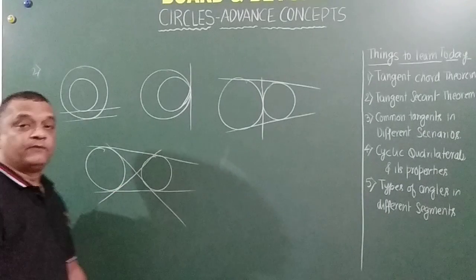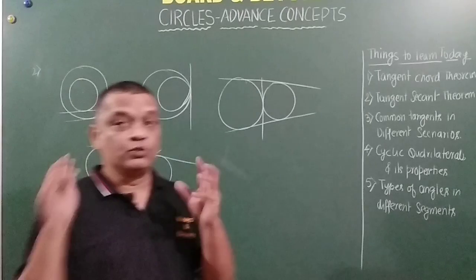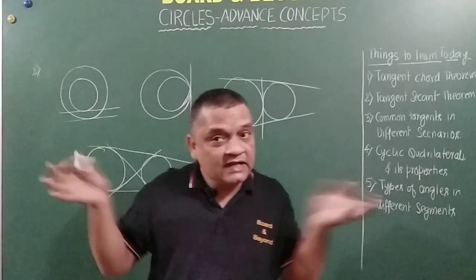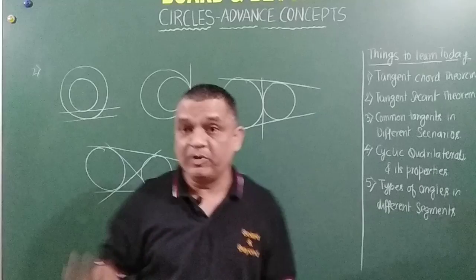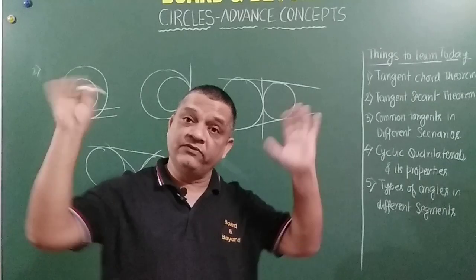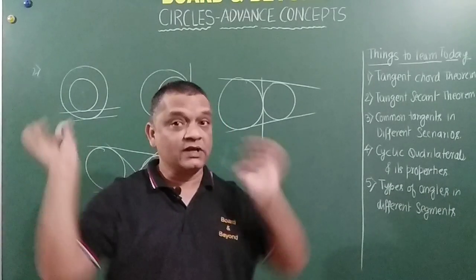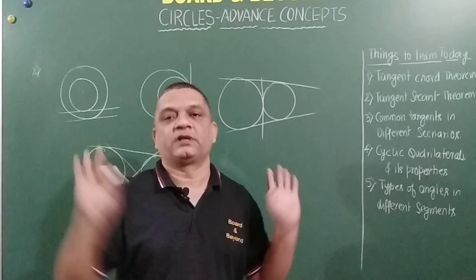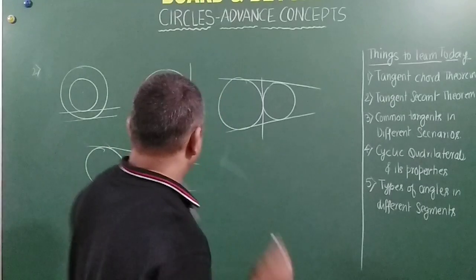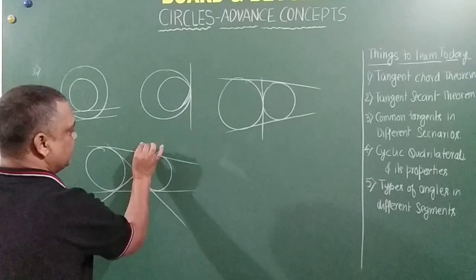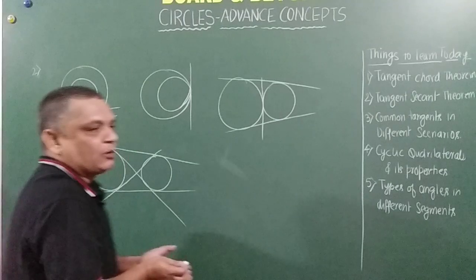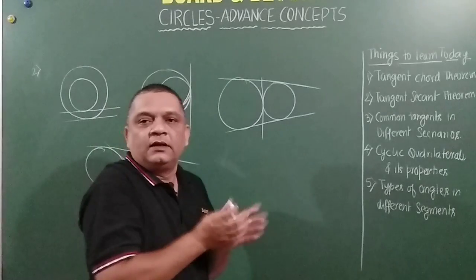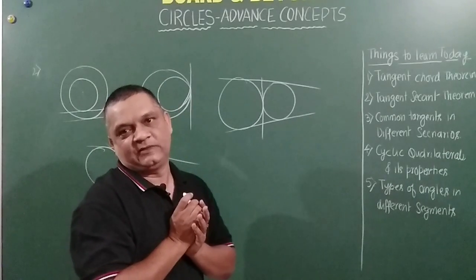So we can have 4 common tangents when 2 circles are there which are not touching each other but in the same plane. Being in the same plane is very important, friends. If they are not in the same plane, you cannot have a common tangent at all between these 2 circles, right?